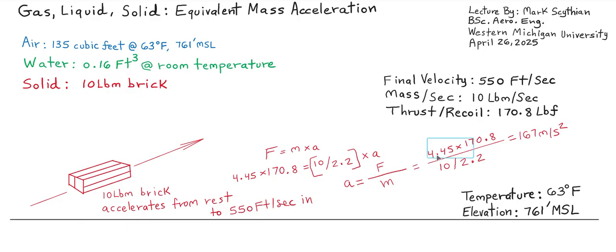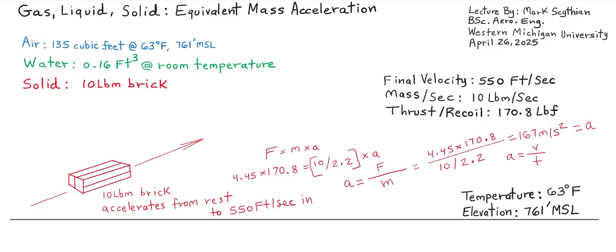4.45 newtons force is equal to 1 pound of force. So we could take the 170.8 pounds force and multiply it times 4.45 and then convert the 10-pound weight into kilograms mass, so 10 divided into 2.2, and then make this then a calculation of 167 meters per second squared acceleration.